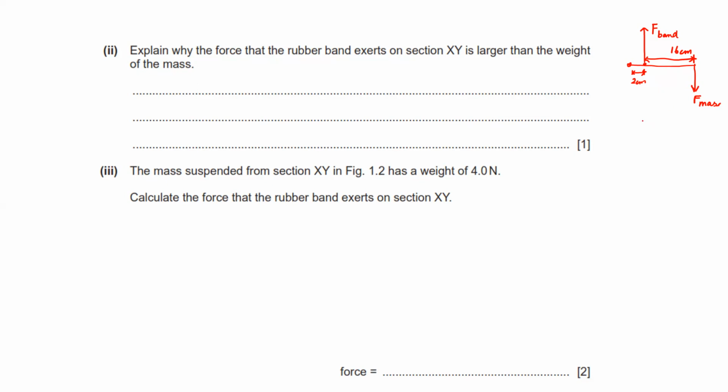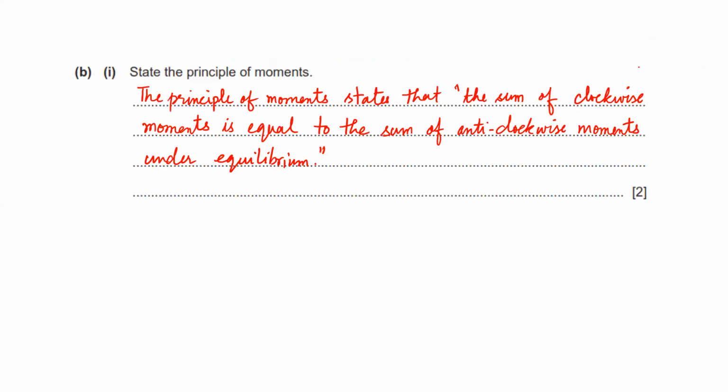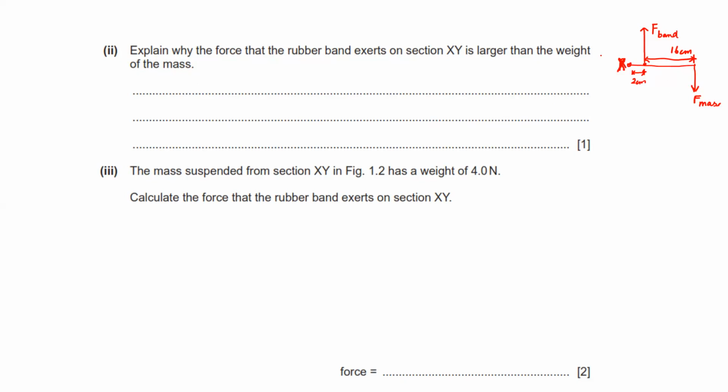Taking moments across point X, if this whole system is in equilibrium, then the total clockwise moment, that is force because of mass multiplied by the distance from the pivot, is equal to force on the rubber band multiplied by the distance from the pivot. This distance is much smaller than this, so the force has to be much greater. We have to explain this in words.